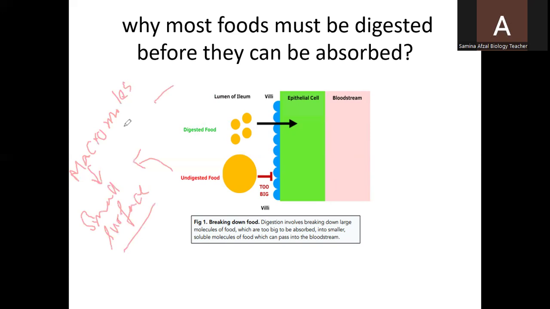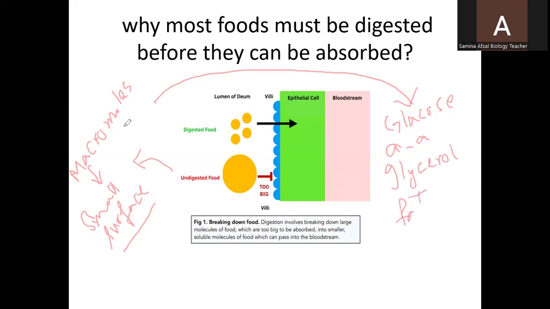But when these macromolecules are digested, they are broken down into their simple molecules. For example, carbohydrates are broken down into glucose, proteins are broken down into amino acids, and fats are broken down into glycerol and fatty acids.